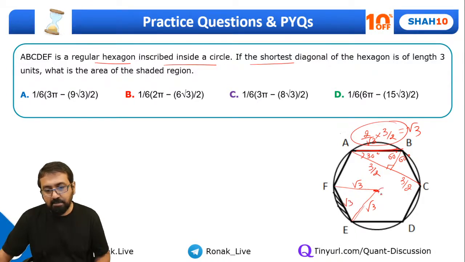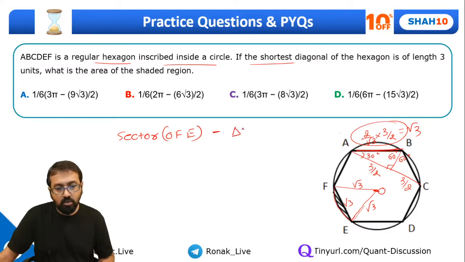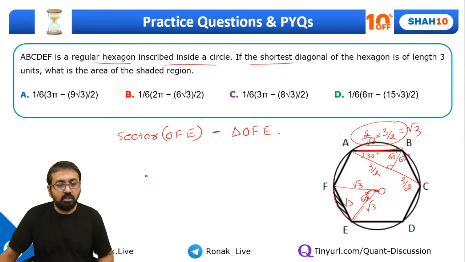And this complete part OFE, this is also a sector. So sector OFE minus triangle OFE is the required area. What is this angle? Of course 60 degrees. So what is the area of this sector? So it's 60 upon 360 into pi into r square.